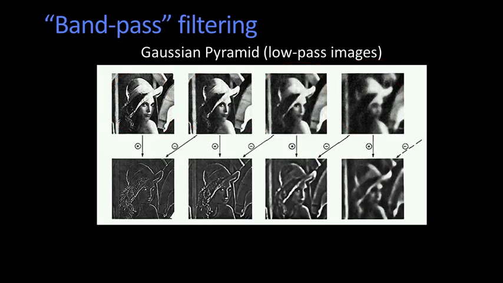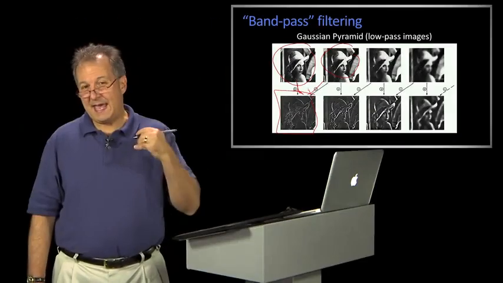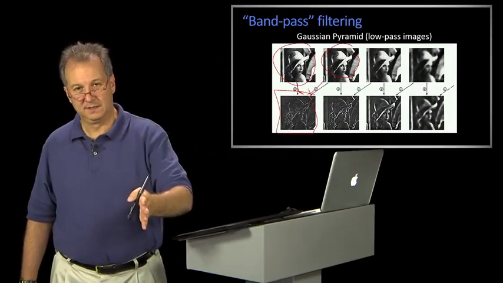What I can do is subtract one picture from another to get this difference. All right? So this is a difference image. Two things. First of all, this is called the Laplacian, and you should know why.